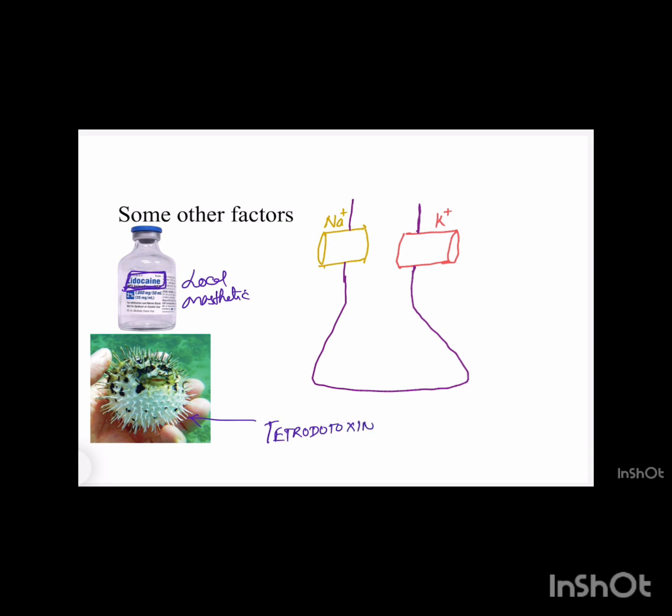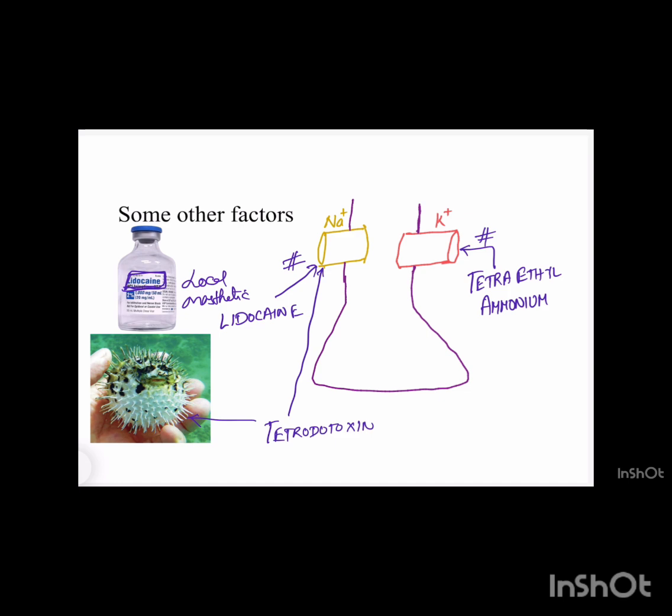So this tetrodotoxin secreted by a pufferfish and this local anesthetic called lidocaine, they block the sodium channels, and as a result, you know what happens. And there's this compound called tetraethyl ammonium that blocks the potassium channels.